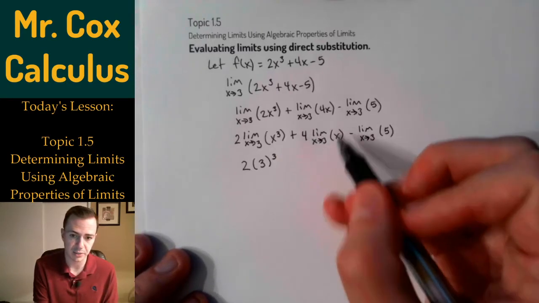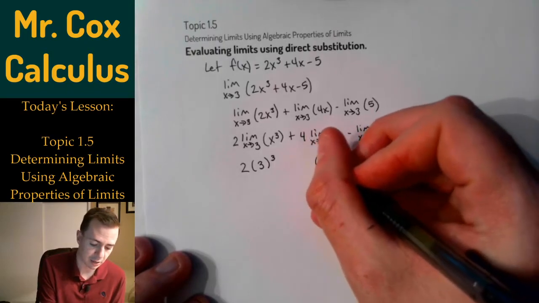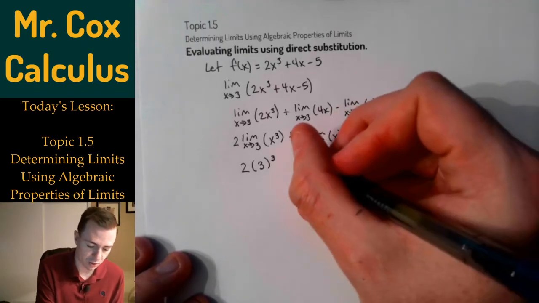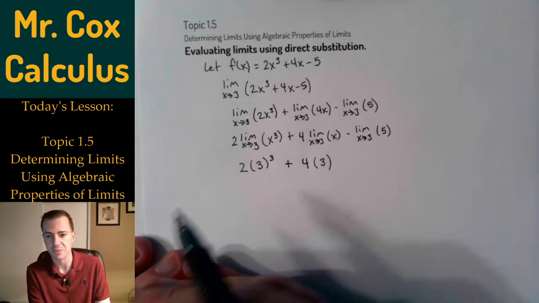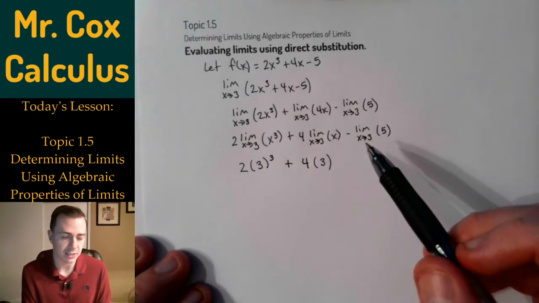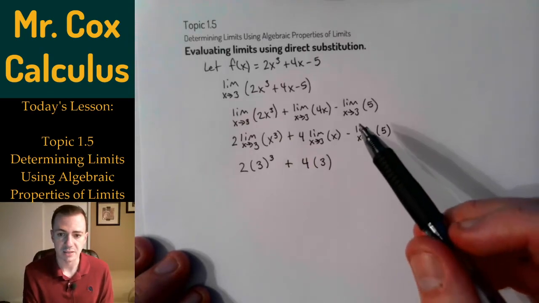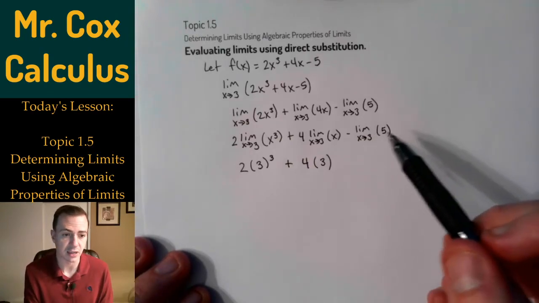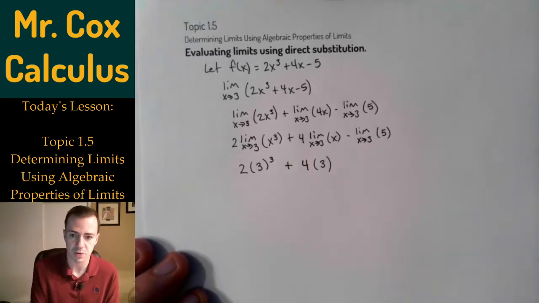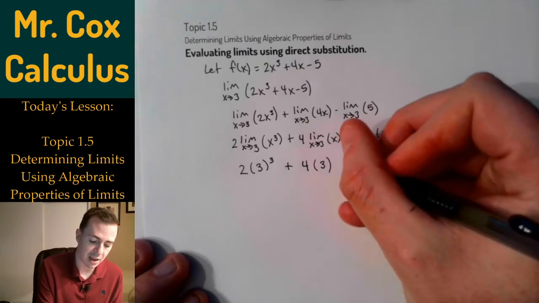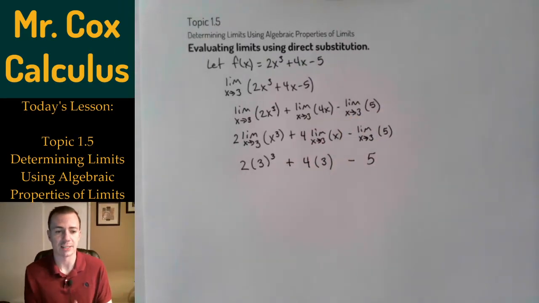So the limit as x approaches 3 of x is simply equal to 3, and then I have the 4 out in front of it, combined through addition. Our last building block statement is that the limit as x approaches anything of a constant is just equal to the constant. So the limit as x approaches 3 of 5 is equal to 5, and of course that's being subtracted.